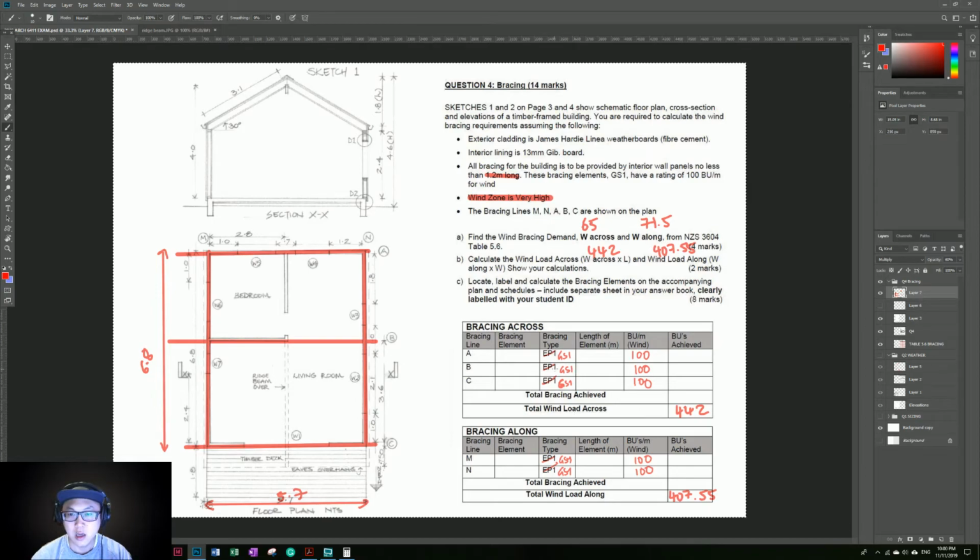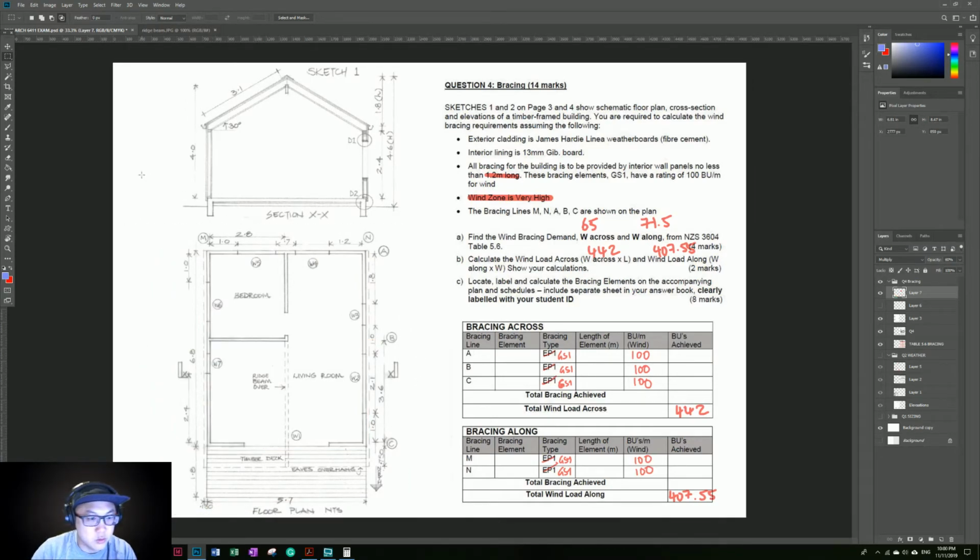Okay, and now we're going to start with A. I'm just going to change color for A. Maybe I'm just going to delete that because it's a bit hard to see, because you need to know where the windows are.